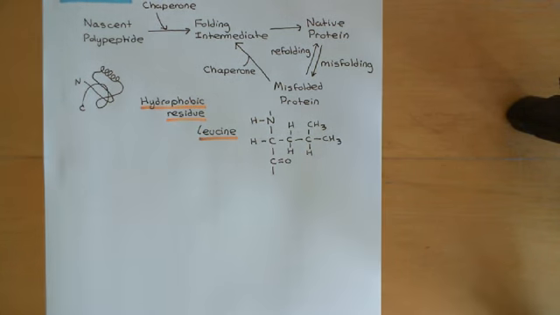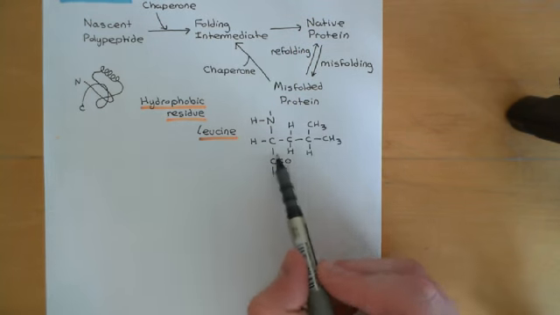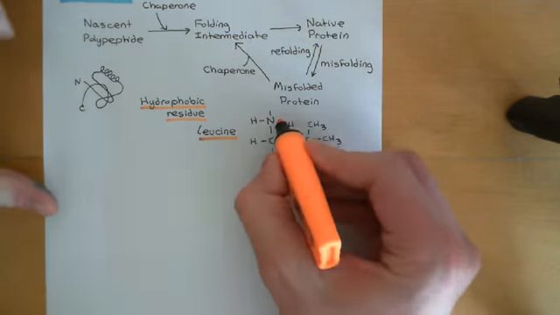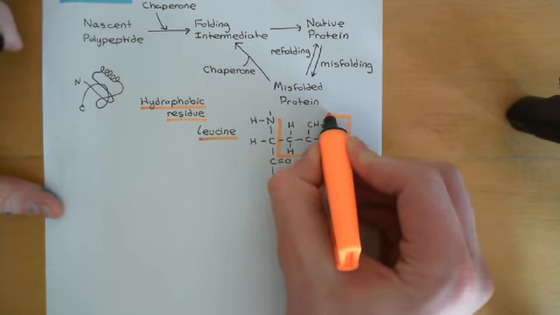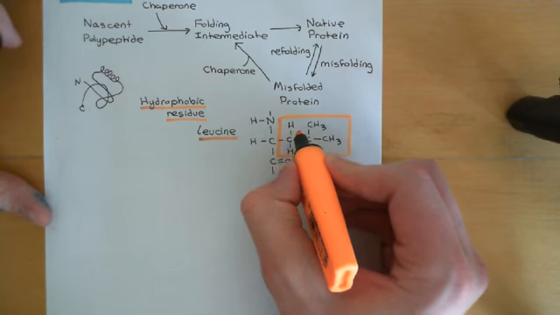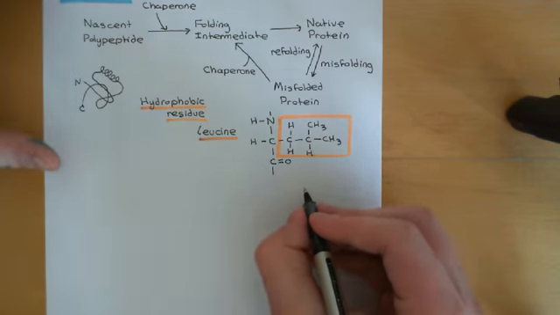Now, why is it hydrophobic? Well, all of these bonds in this R group of leucine are very nonpolar bonds, okay? So the electrons in those bonds are sitting pretty much equally in between the two components. Now this is the opposite to water molecules.